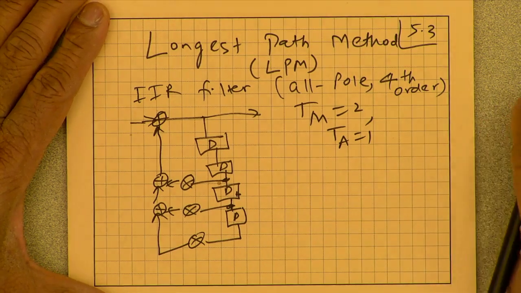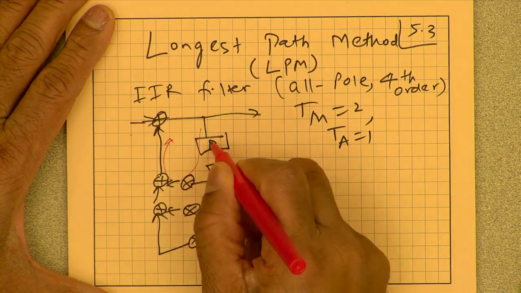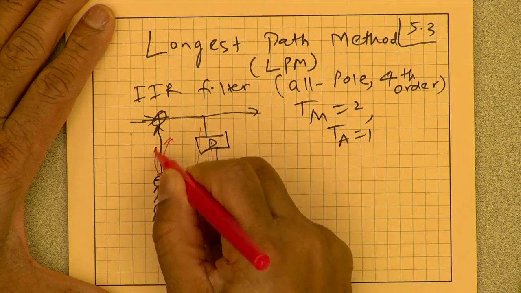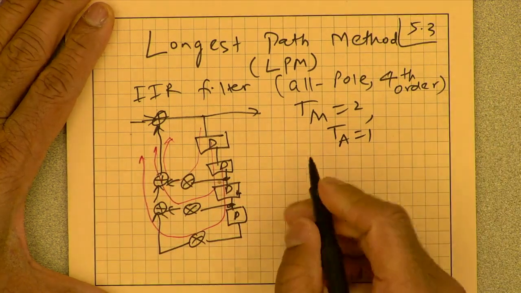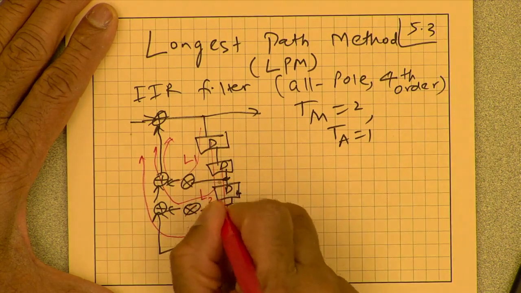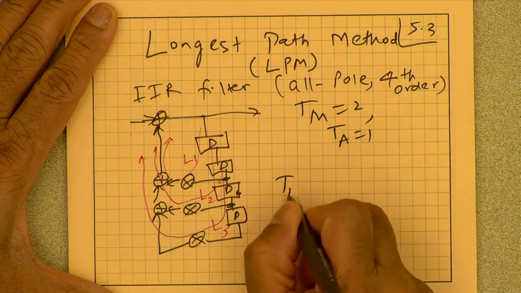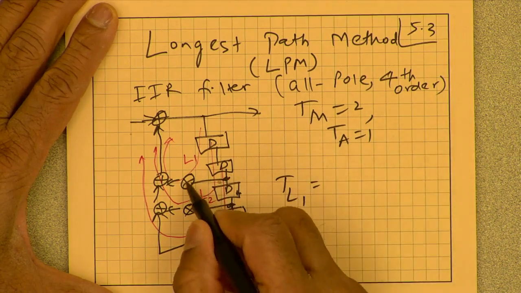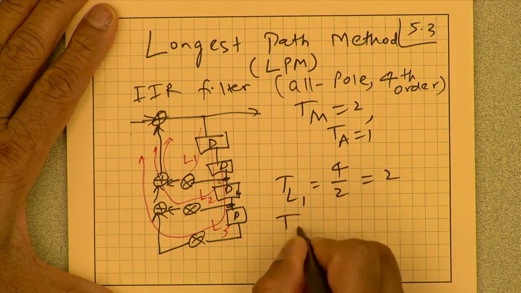If you look at the 3 loops here, the inner loop, the intermediate loop and the outer loop, and call them L1, L2, L3, then the loop bounds are: TL1 is 2 plus 1 plus 2, that's 4 by 2.